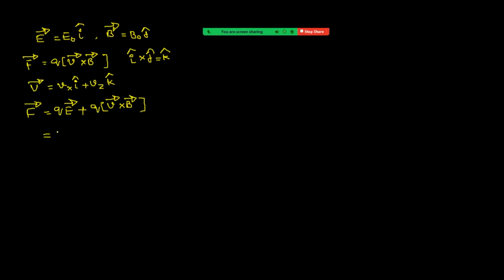Now substitute values in this. Taking Q outside, it is E naught i cap plus, in place of V bar, Vx i cap plus Vz k cap, cross B bar, where B bar is B naught j cap.